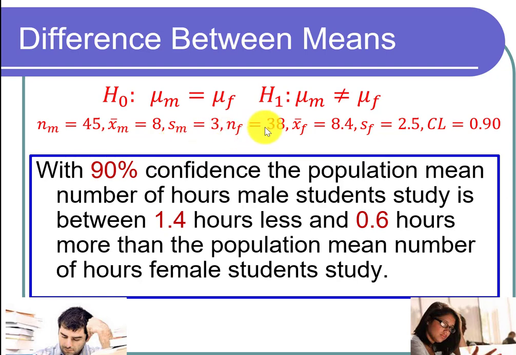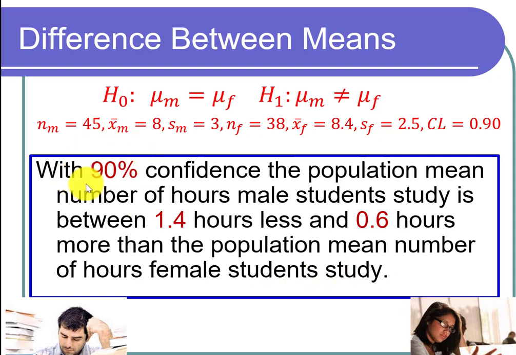Negative means that the male's less than the female in the population mean hours of studying, and positive means the male is more. So we can say with 90% confidence, the population mean number of hours male students study is between 1.4 hours less and 0.6 hours more than the population mean number of hours female students study. That's how we interpret this confidence interval.